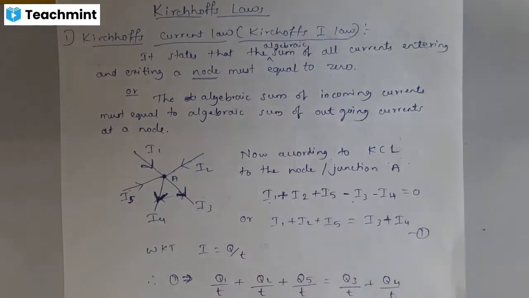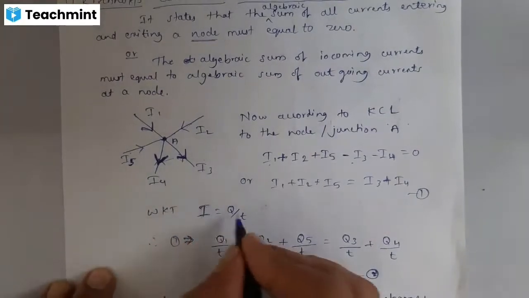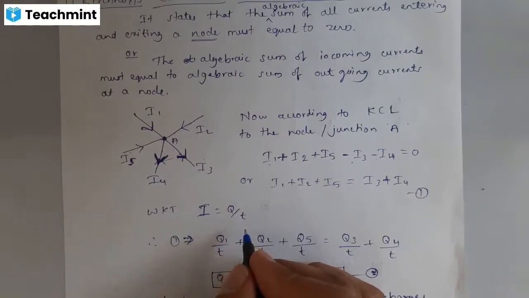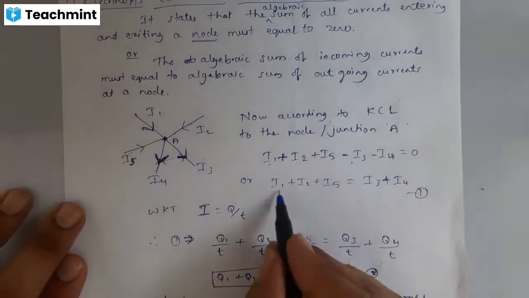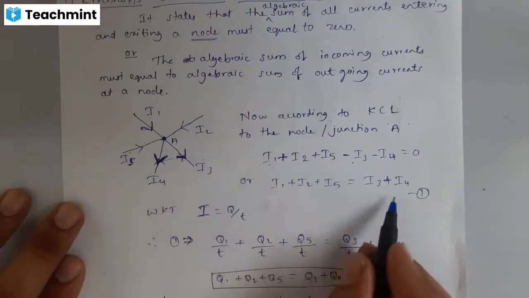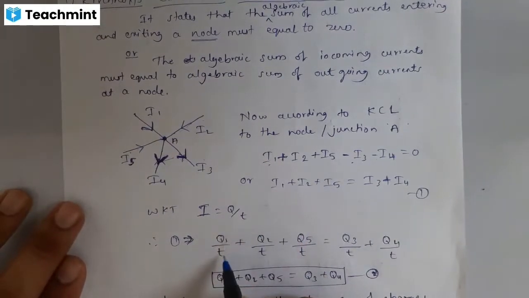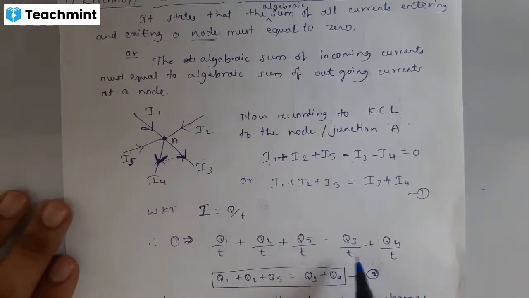Now you already know what current is. Current is the charge by time, the rate of change of charge, the motion of the charge with respect to time, q by t. So I will substitute q by t in equation number 1. Since it is I1, I will take it as q1 by t plus q2 by t plus q5 by t equals q3 by t plus q4 by t.